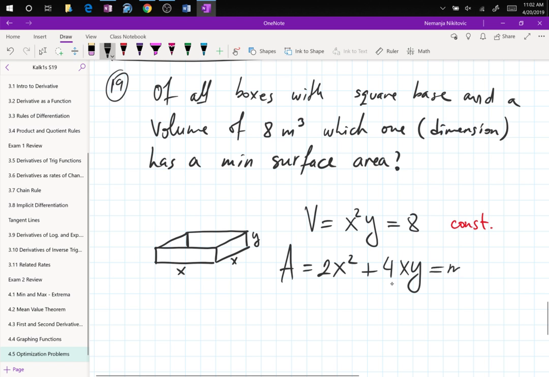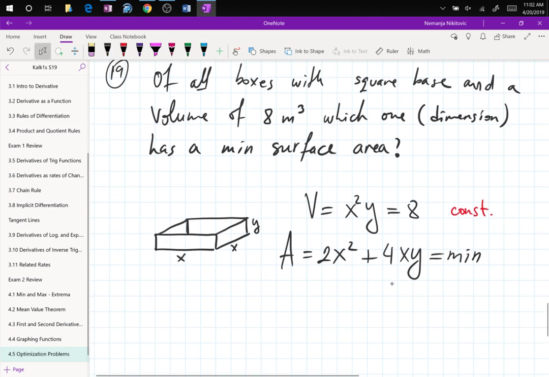And that needs to be minimum. We all see that? So now, that's our objective function.